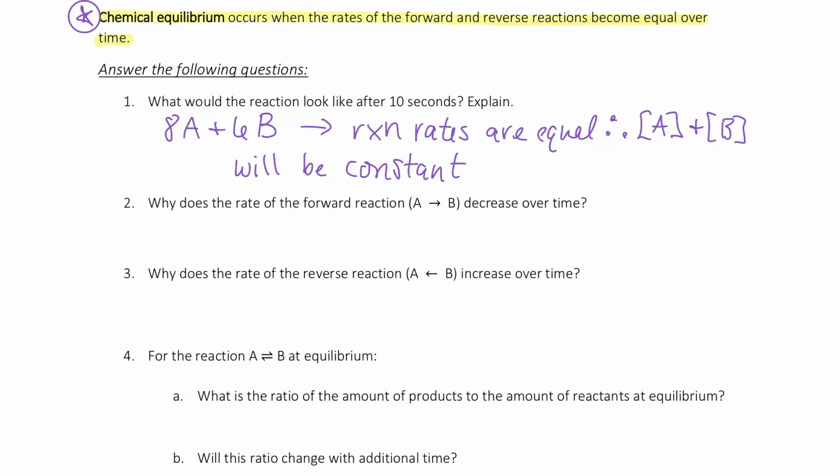All right, cool. We already kind of talked about 2 and 3. Why does the rate of the forward reaction decrease over time? As A yields B, less A is present.